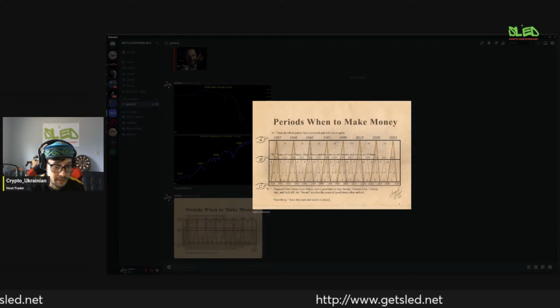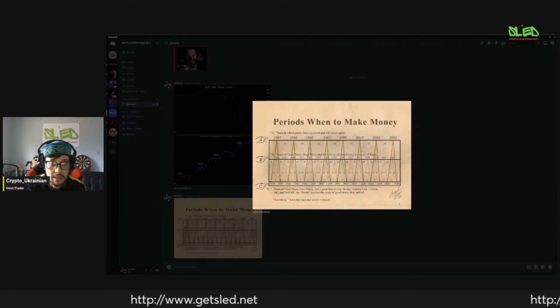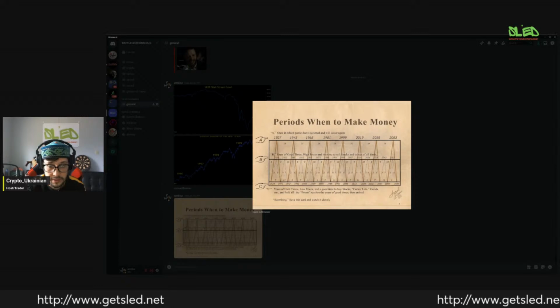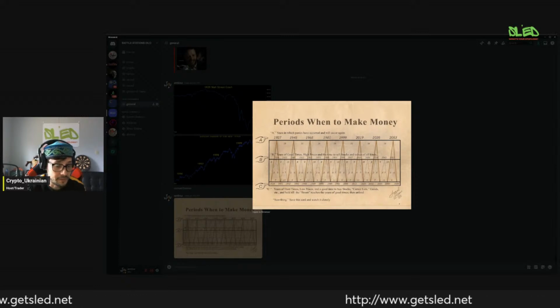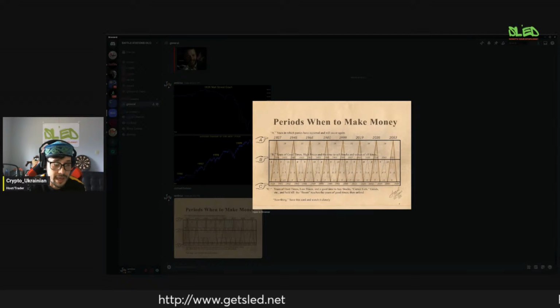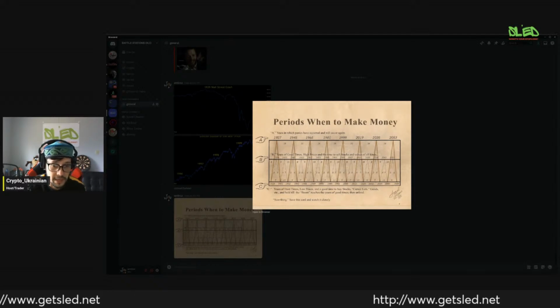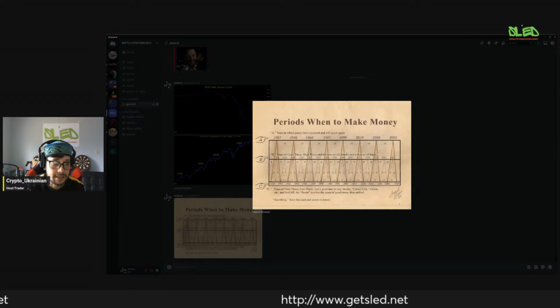As mentioned earlier, these dates signify the end of those years, right? It's also worth noting that he accurately forecasted the bullish period from 1996 to 1999, which was the dot-com bubble, if you guys remember that, if you lived through that time. It's kind of like the cryptocurrency craze.